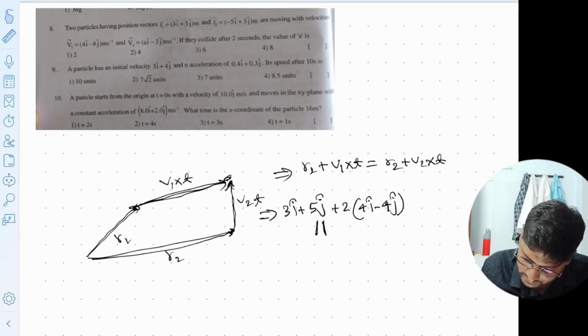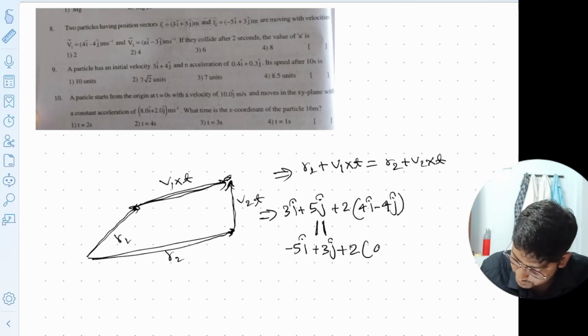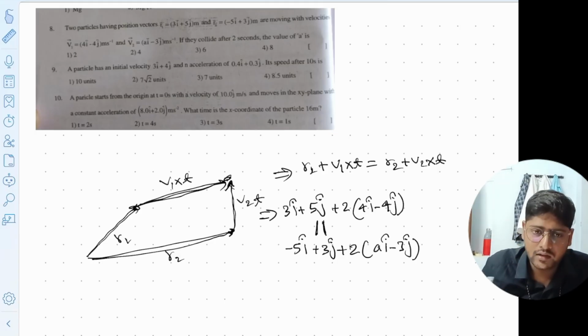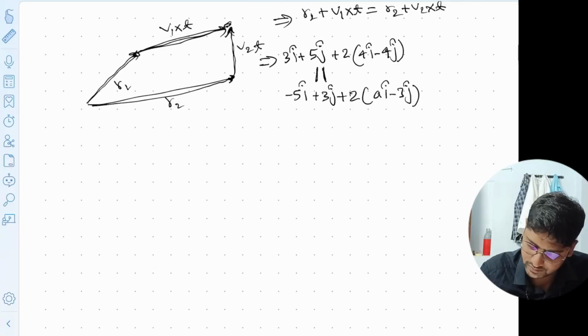What is R2 vector? Minus 5 i cap plus 3 j cap plus velocity into time, 2 into velocity of 2, which is a i cap minus 3 j cap. They both should be equal.